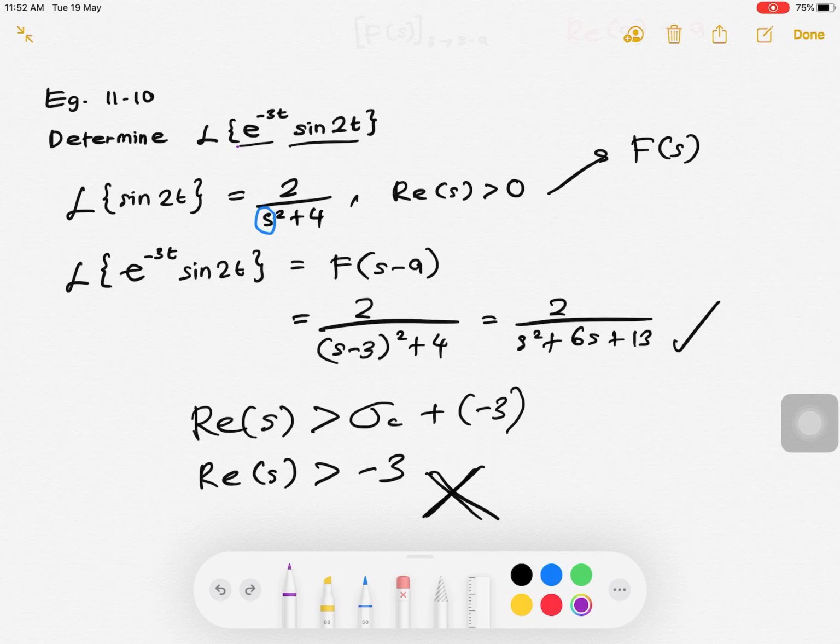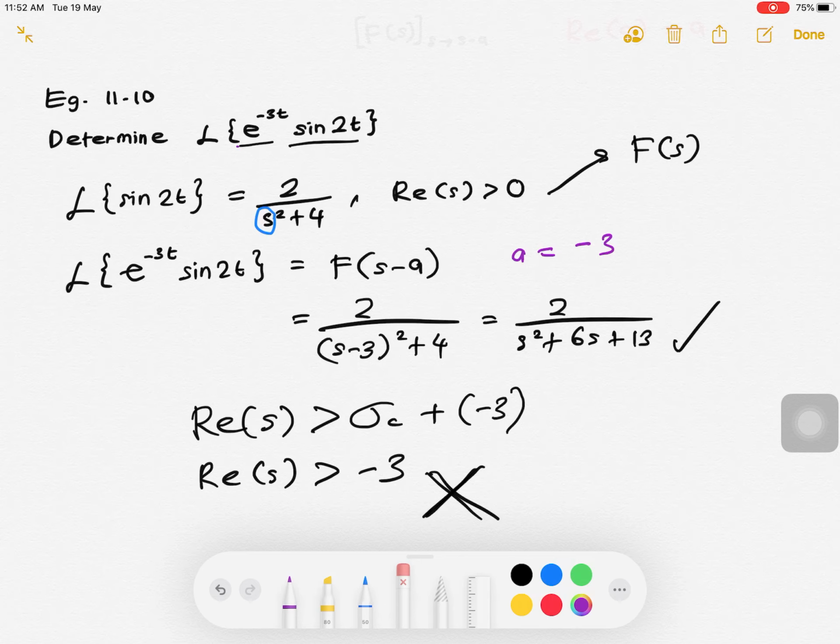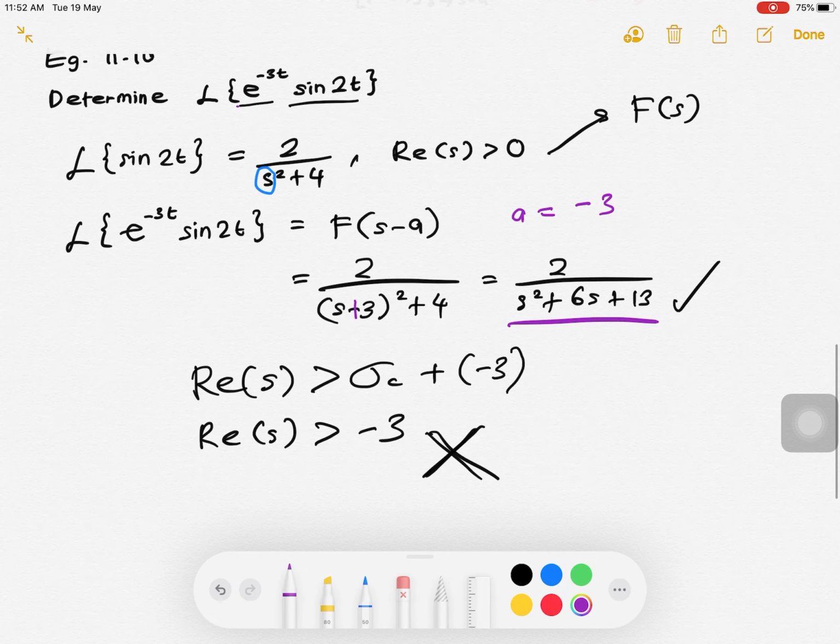And I think it is positive because everything right here is positive. So my mistake right here. So when a is equal to negative 3, the negative will become positive, right? So this is the final solution.